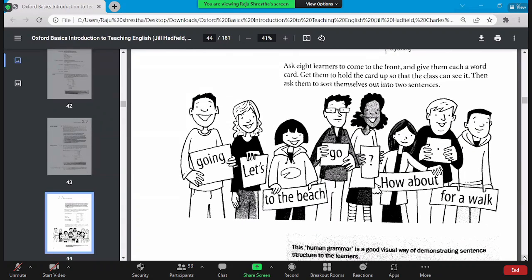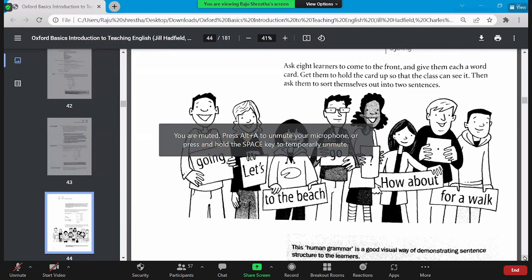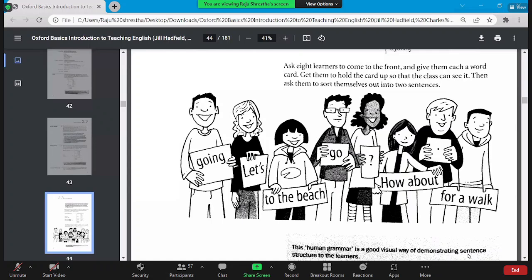For example, the teacher prepares some possible language exponents of making suggestion, and they will be divided into different words, and word cards will be prepared, and then the words are randomly mixed.